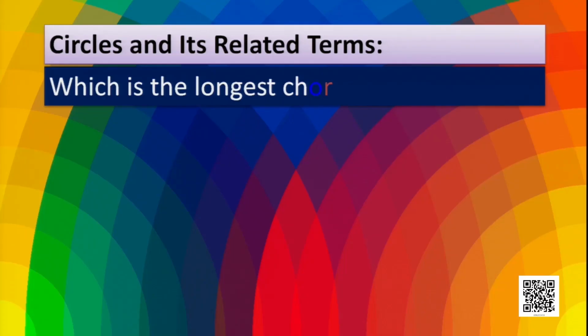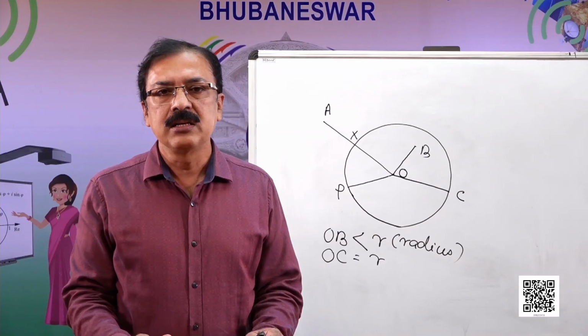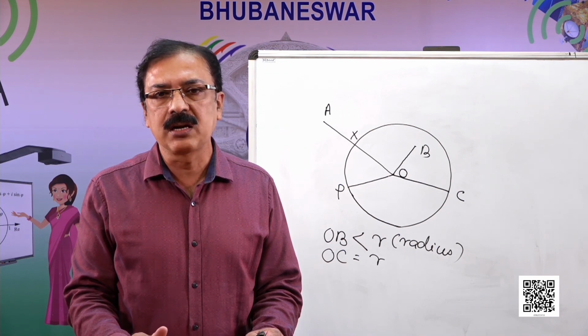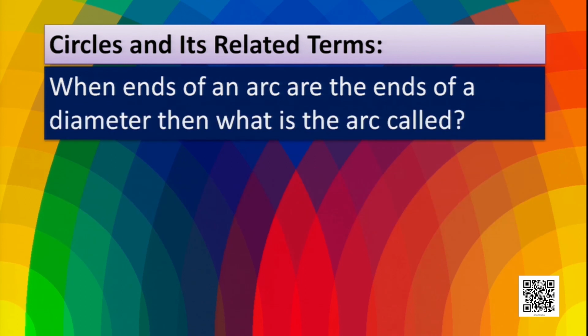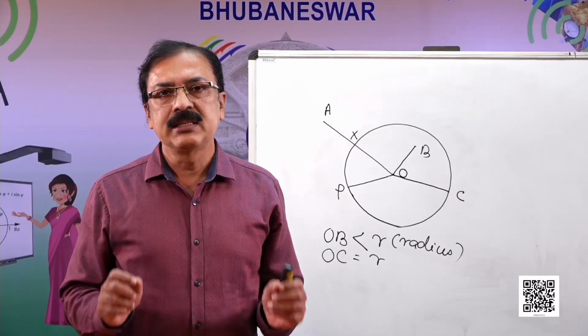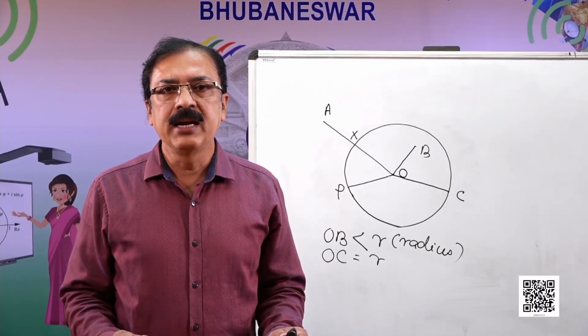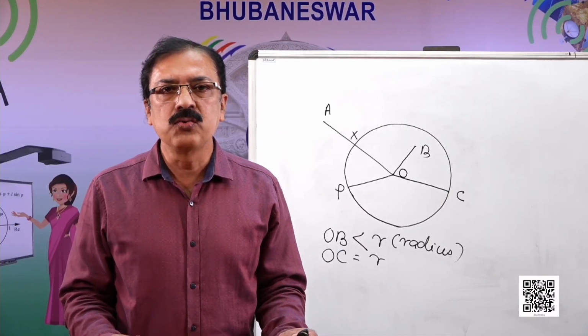Let's take another question. Which is the longest chord of a circle? As we discussed, the longest chord of a circle is called the diameter of the circle. Now, when the ends of an arc are the ends of a diameter, what is the arc called? As you know, the endpoints of a diameter divide the circle into two equal parts.